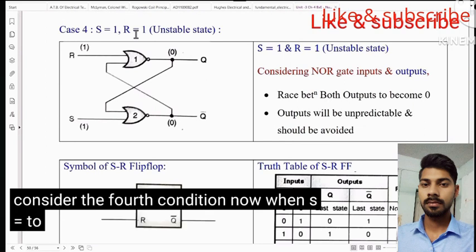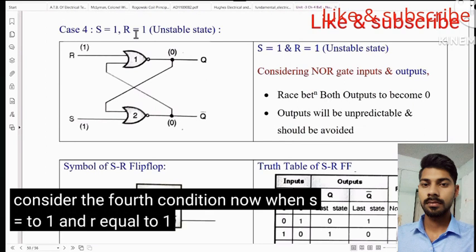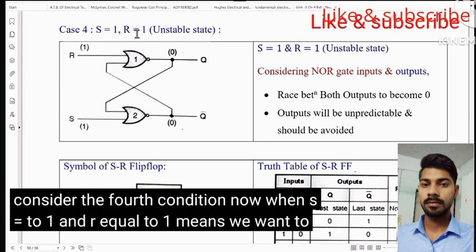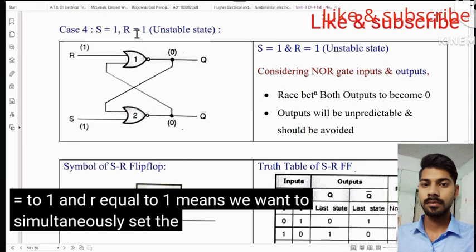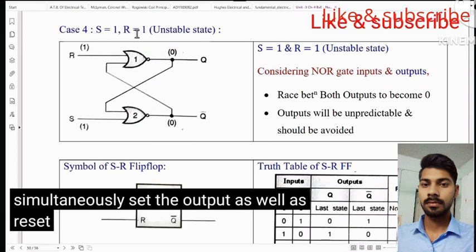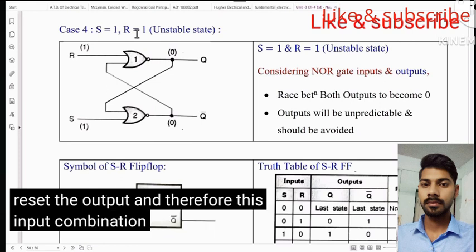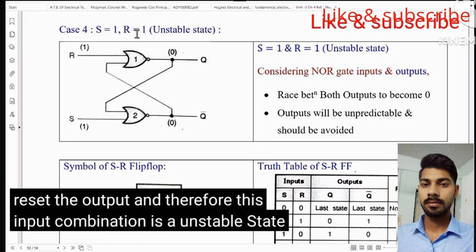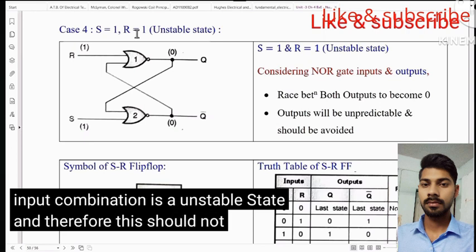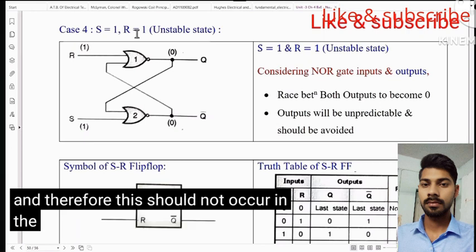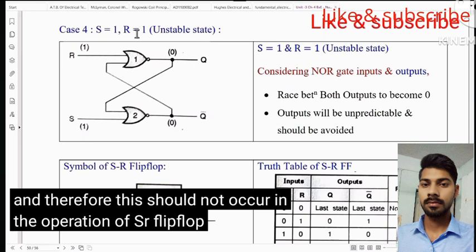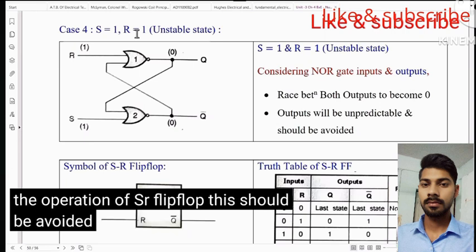When S equal to 1 and R equal to 1, we want to simultaneously set the output as well as reset the output, and therefore this input combination is an unstable state and should not occur in the operation of the SR flip-flop. This should be avoided.